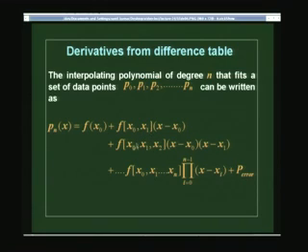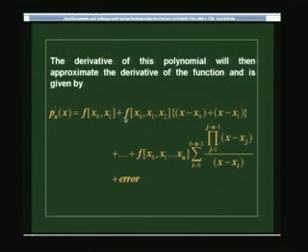Once we have the difference table and we have the coefficients, right, and then we can construct the derivative simply by this method. So, that is, we write now the derivative as another polynomial, and you look at that these terms now become slightly different.